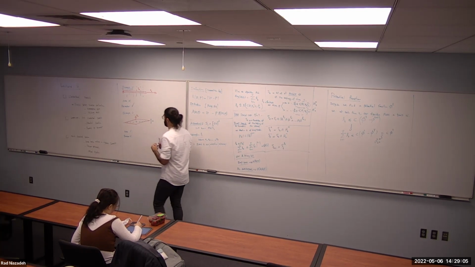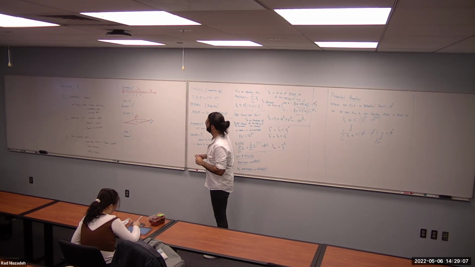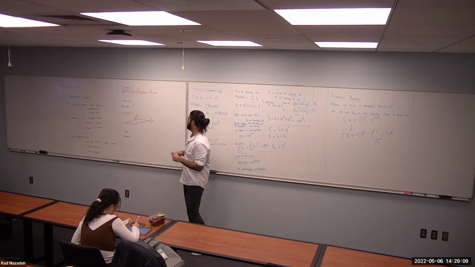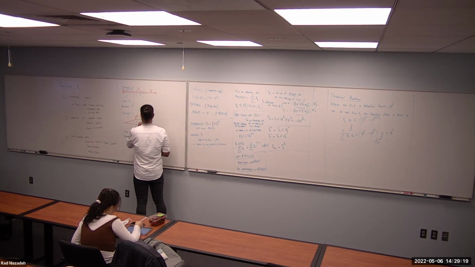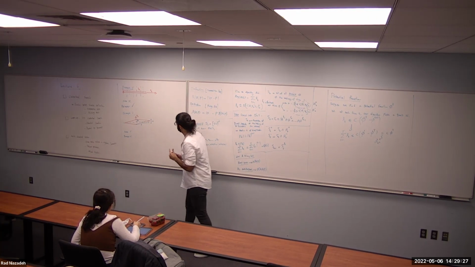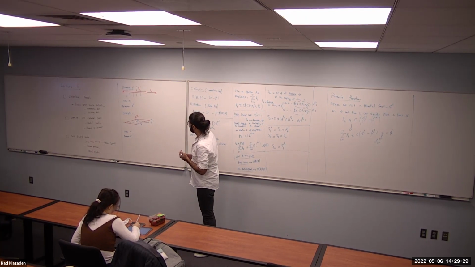Say this is the shape of my set. Let's say this is equal to L, and this is equal to W divided by 2.